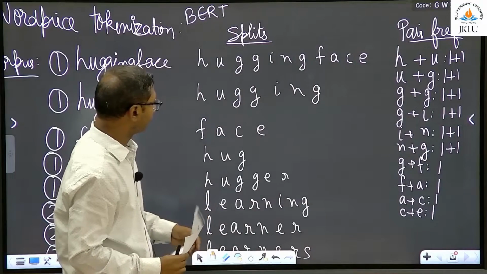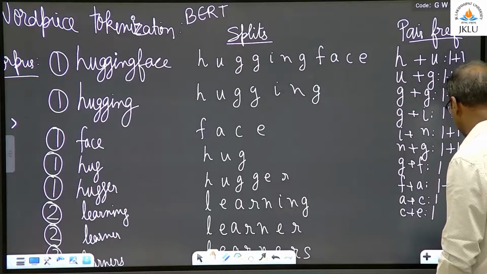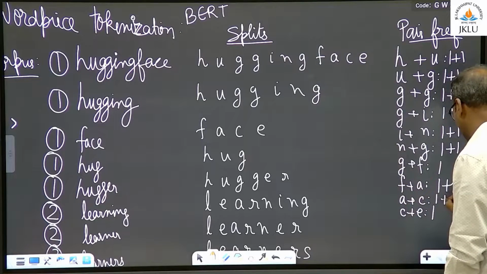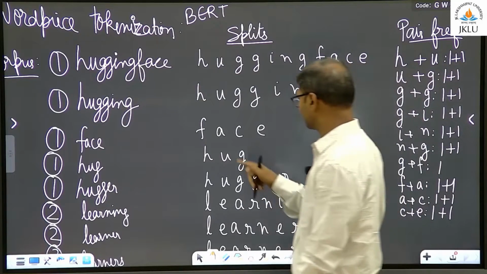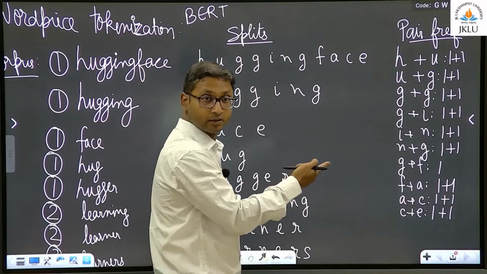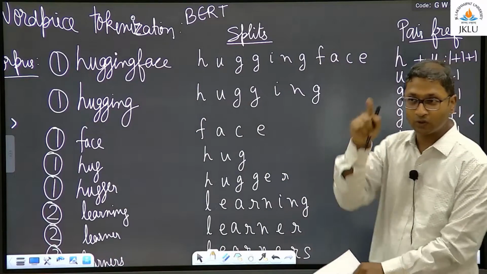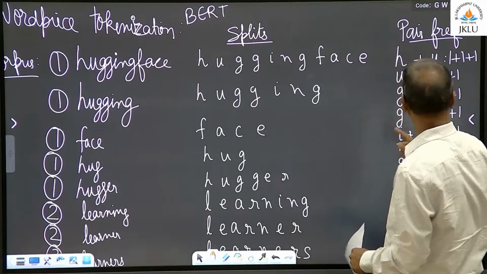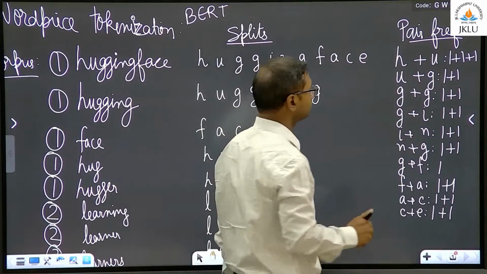Next. So FA plus 1 and then plus 1 plus 1. HUG, so HU again, so plus 1. See, I am doing it here assuming you guys are doing it too. Else I could have just shown the slides. Next is UG.